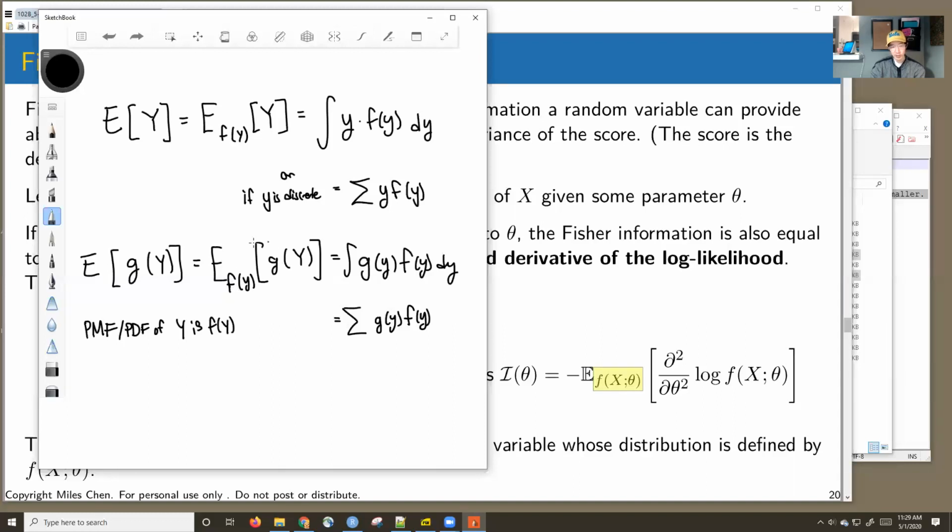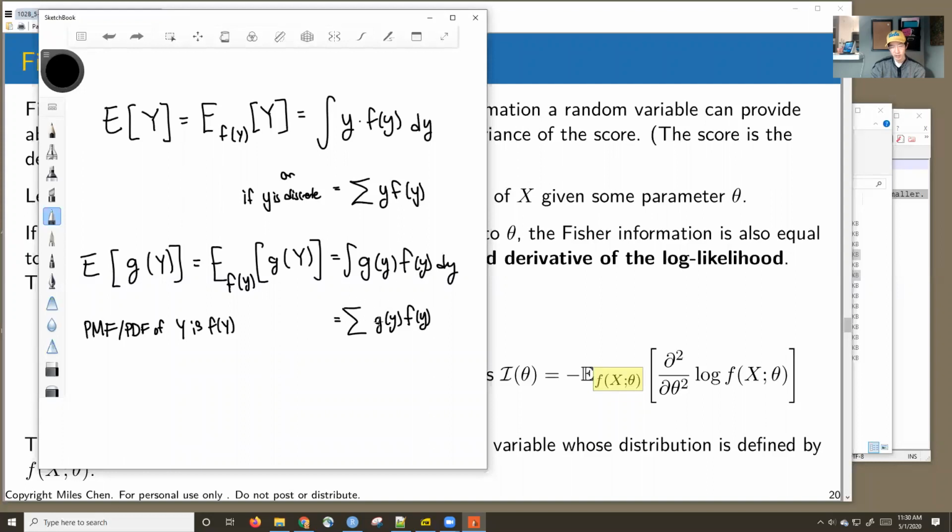And so the expected value of some function of y, g of y, is the integral of each value g of y multiplied by the probability of getting that value, f of y. You take the product of those things and integrate across all possible values of y. Or if y is discrete, then it's the sum rather than the integral.